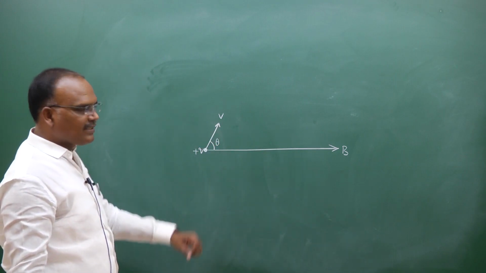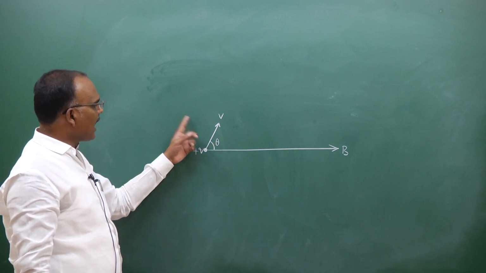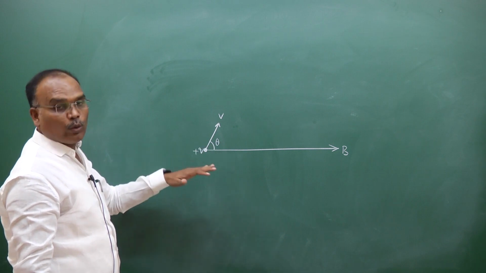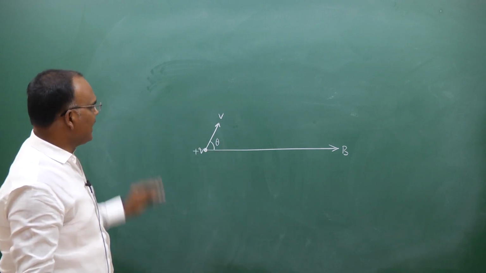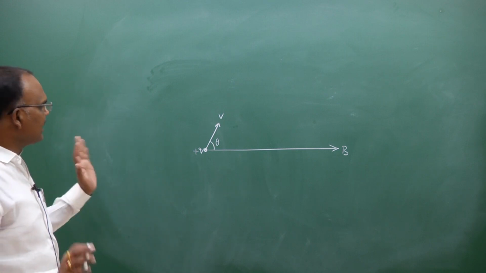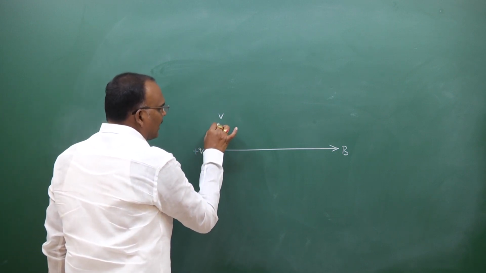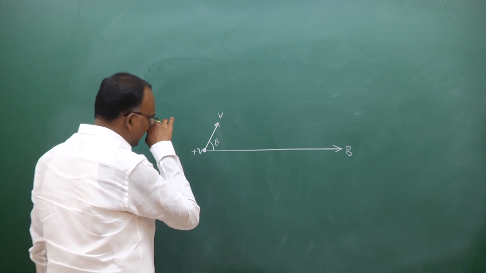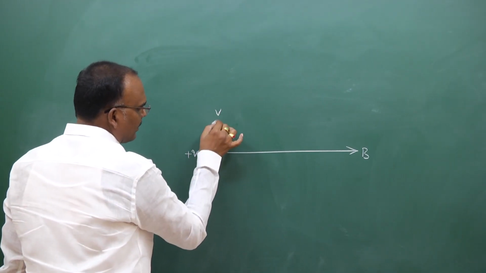Now see, this angle is neither 0 nor 180. It is neither 90 degrees. It is an acute angle, lies between 0 and 90. If we throw like this, then what will happen? See, this is very important. When the velocity vector is making a certain angle with the x-axis, I can resolve this velocity vector into two components.